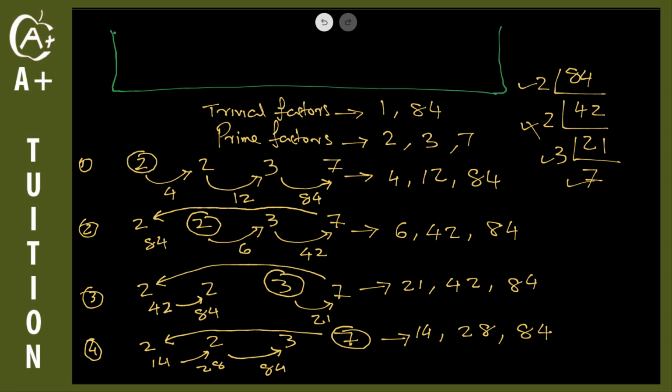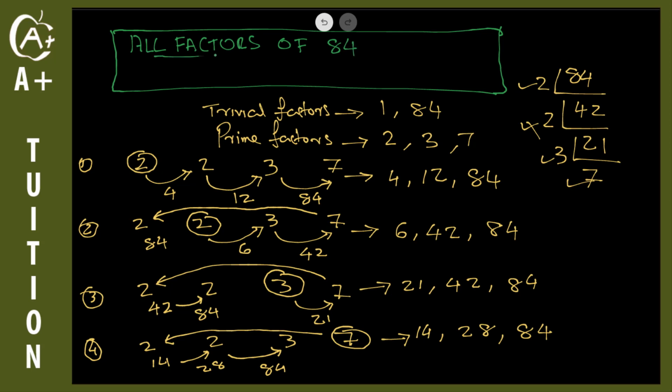Now what is to be done? All factors of 84. Now just pick them from this list and write them in ascending order. I would prefer to write it in ascending order. So start with 1, which is always there, and just strike it off.